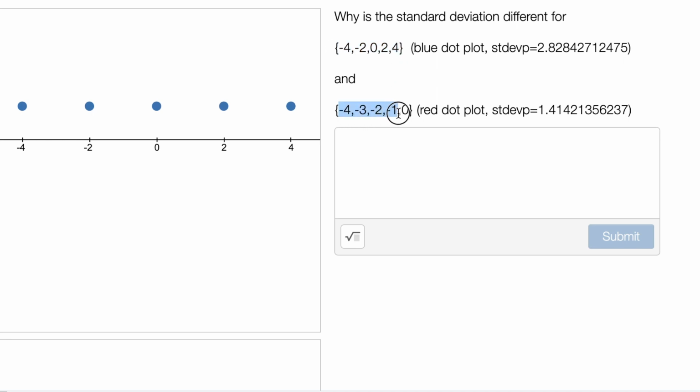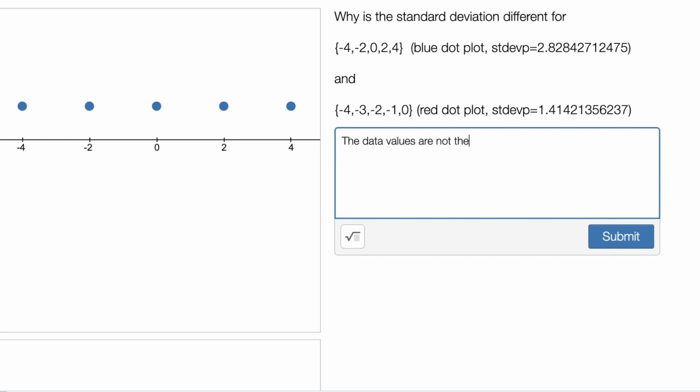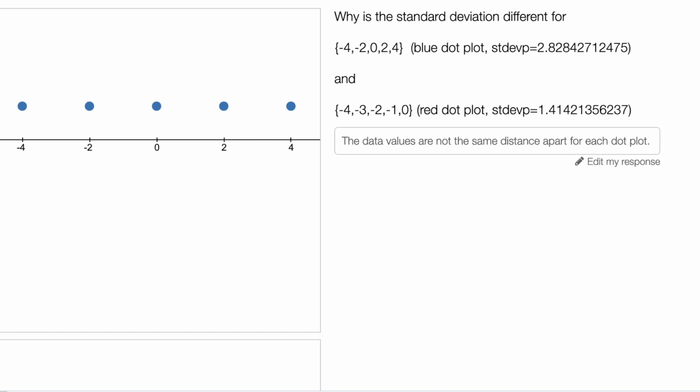And these are only one apart. So it's going to be different. So the data values are not the same distance apart for each dot plot. So you're going to have a different standard deviation for those.